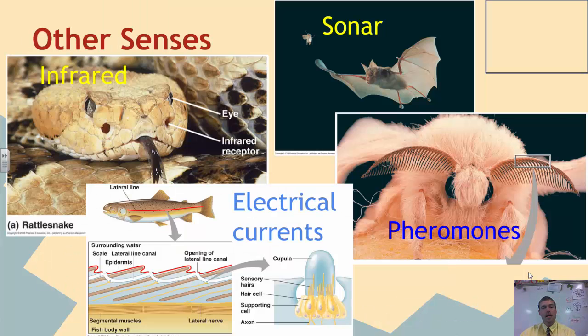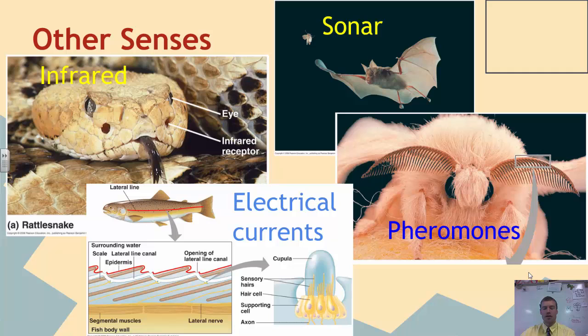Pretty interesting. Some other senses that we humans don't have, but other animals do have. Rattlesnakes and other reptiles have infrared receptors that allow them to interpret infrared light and be able to track prey. Bats and other cetaceans, like dolphins, use sonar in order to help echolocate prey.